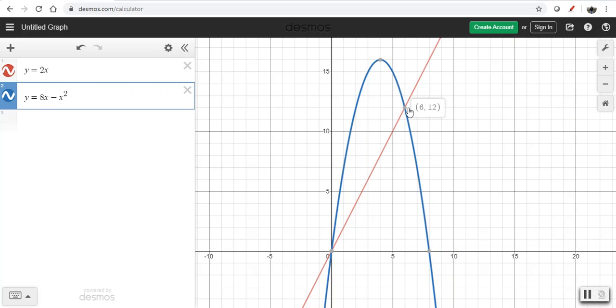Then the line that I drew would be too far. Anyways, I point and click and I see that it passes through 0, 0, and then 6, 12. So for those having trouble finding the points of intersection, you can always use Desmos and it'll give you the points of intersection. And then you can see the region that's bounded by the two curves.